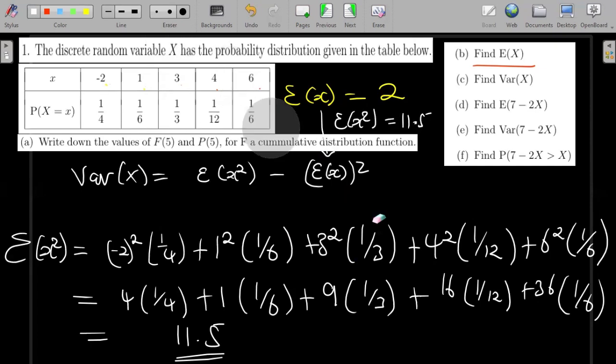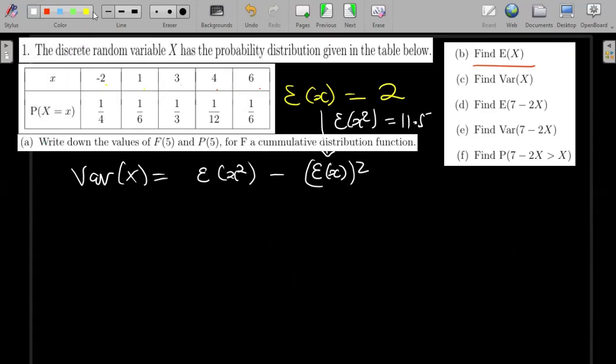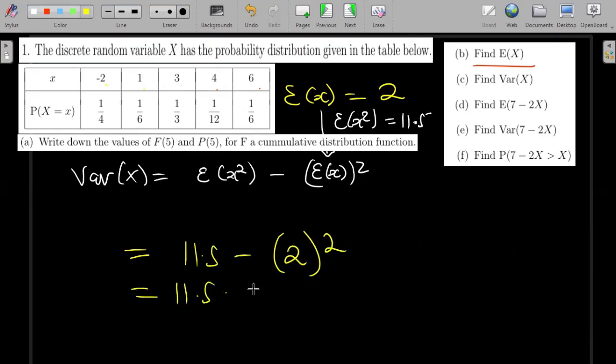So once we have the expected value of x squared, we can find the variance. So variance will be equal to the expected value of x squared, 11.5, minus the expected value of x, which is 2 squared. So this will be 11.5 minus 4, which will be equal to 7.5. So 7.5 will be our variance there.